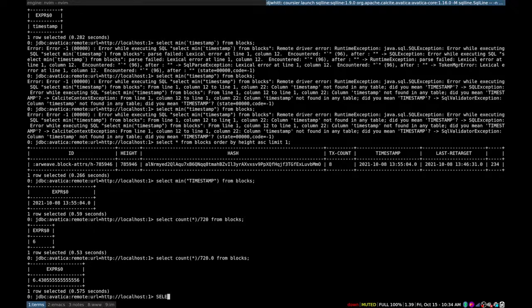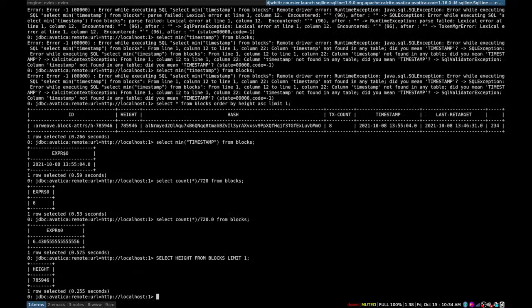Parse error height. Really? Let's go back to the console. Limit 1. Okay.